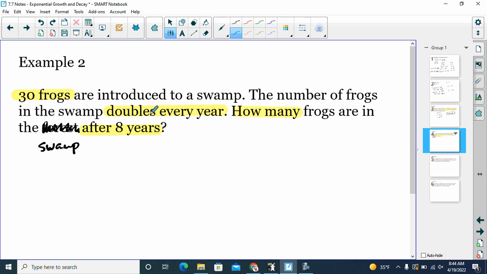Again, because we're doubling, we're multiplying by the same thing over and over and over again. That is why we use an exponential equation, y equals a times b to the x. A is our starting amount, which hopefully we can recognize as 30. B is the growth factor. The problem says that the number of frogs in the swamp doubles every year. If it is doubling, our growth factor is 2.